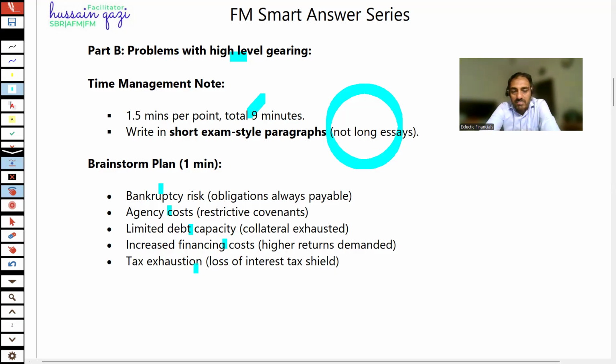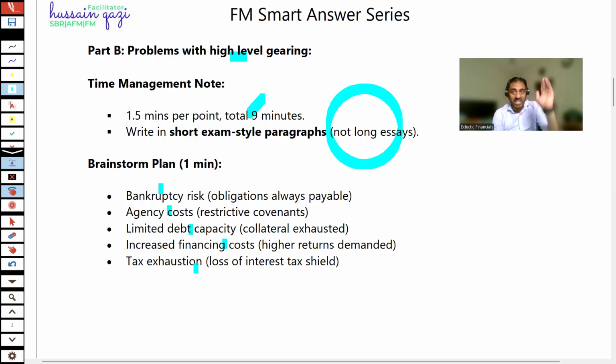Tax exhaustion: maybe you increase the debt, and the tax benefit from interest may be exhausted. For example, the tax authority says we will provide you the tax advantage up to a maximum of $40,000.